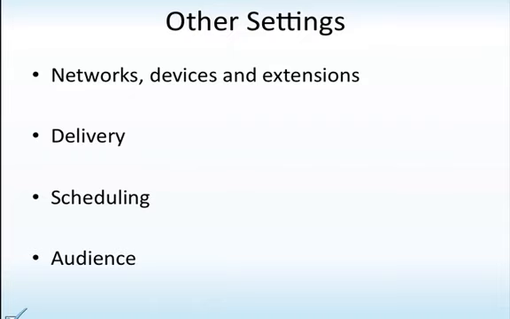Then we have scheduling. Basically, this is your on-off switch. Remember when I said that PPC was so flexible that you can even shut it down if need be? Well, this is the button. This will allow you to run and pause your campaign as you please. There's actually a little more granularity than just on and off, because you can also adjust the amount of your keyword bids. I'll go into it further in our bidding section, but for each keyword you can place a certain amount of money in order to have it as high as possible within your search rankings.